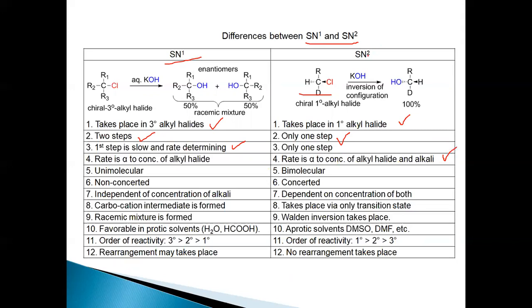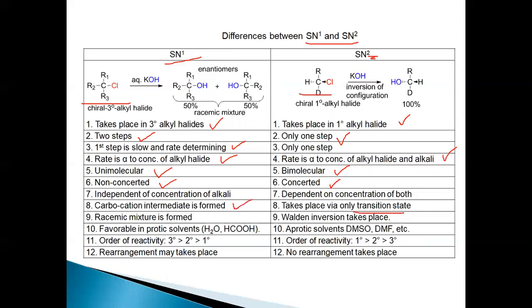So in the name SN2, 2 means bimolecular reaction here. SN1 is unimolecular, where the rate is dependent only on the concentration of the alkyl halide. This is a non-concerted reaction and this is a concerted reaction. This is a single step reaction. We can see more than one step here, and we can see the carbocation intermediate here.